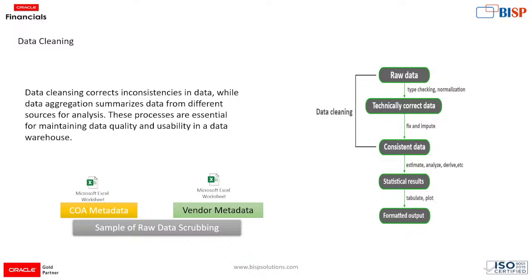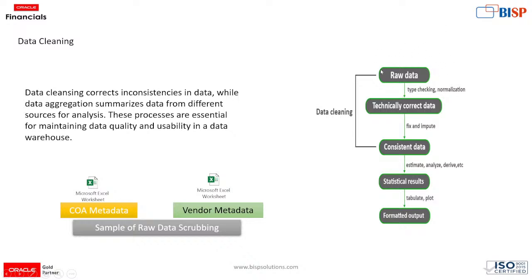So let's open a data file, that is the chart of accounts metadata. We will open that. Previously we have seen the raw data, right? In the raw data, whatever data we found was not viable for us to use.